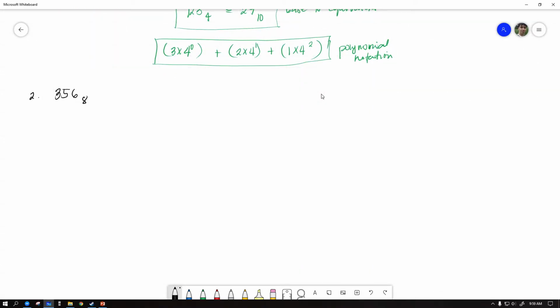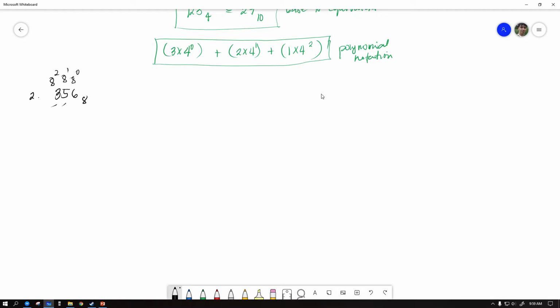Base 8. So try to express again its polynomial notation. This one has an exponent of 0, this one an exponent of 1, and this one an exponent of 2, and they are always raised to the base of 8.